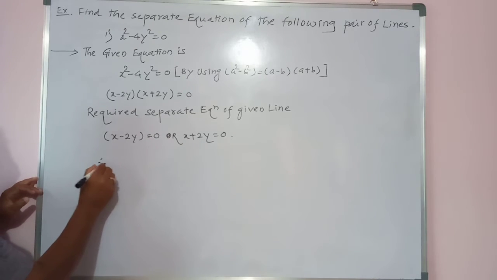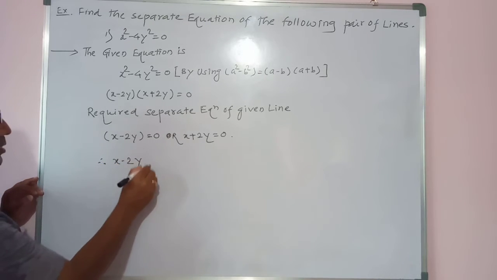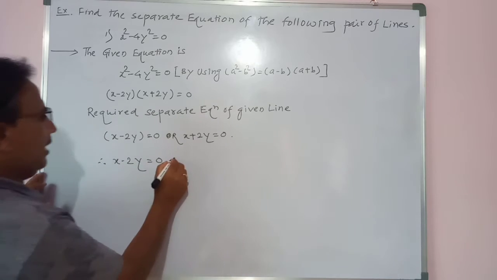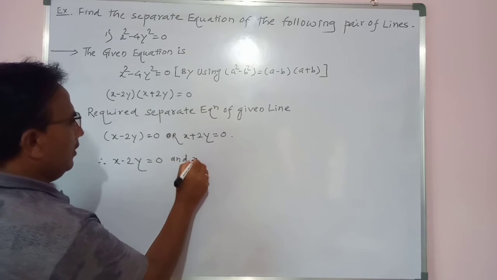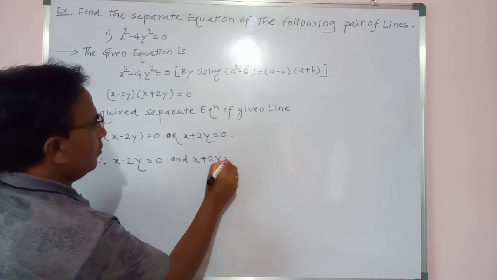Therefore, first equation is x minus 2y equal to 0 and x plus 2y equal to 0.